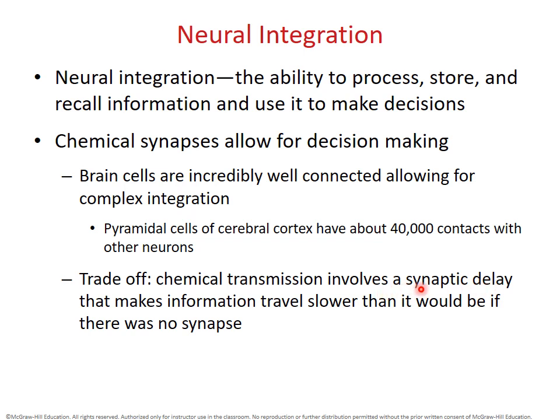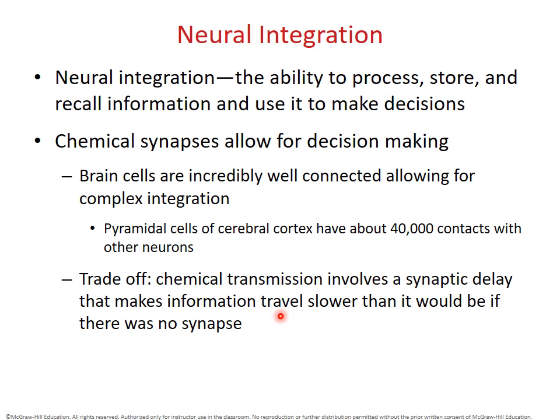You don't really notice it at a single synapse where things seem to be happening virtually instantaneously, but when you have an integrated pathway inside the brain, say, that involves 1,000 synapses, the time it takes for each synapse to occur, which is called synaptic delay, adds up, and it could become noticeable. Often it doesn't become noticeable, but it does make things travel a little bit more slowly.